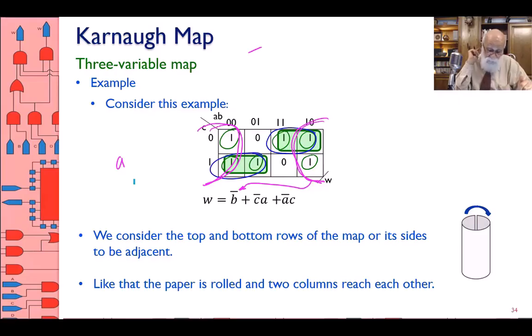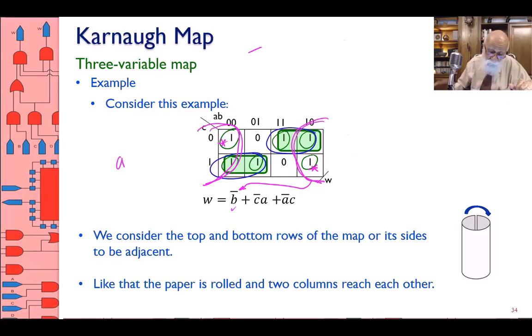Finishing this, when I do all these four, actually all these four, B bar is essential because, yes, it is essential because of this one and this one. Because these are prime implicants, and no other larger prime implicant completely covers it. So that's essential. So is the blue one.